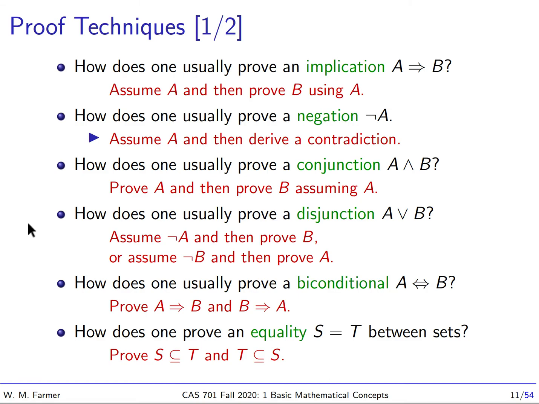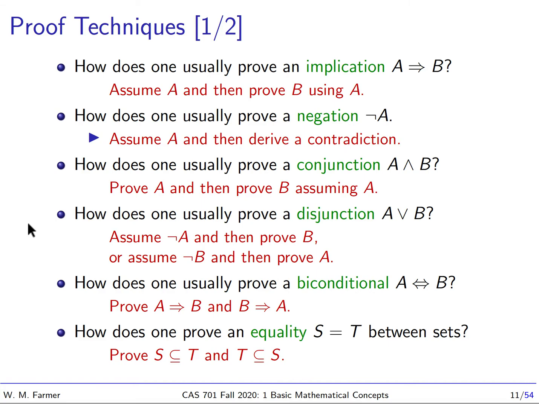Now a disjunction, A or B, there's two approaches. One is I can assume the negation of A and try to prove B, or I can assume the negation of B and then try to prove A. If I have a biconditional, which is sometimes called a logical equivalence or a bi-implication, A if and only if B, that means A and B are logically equivalent.